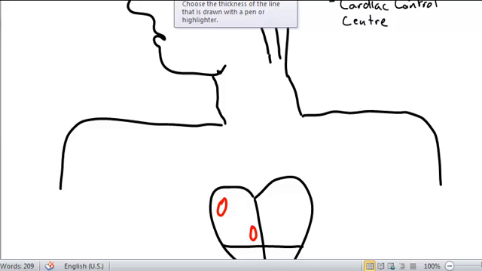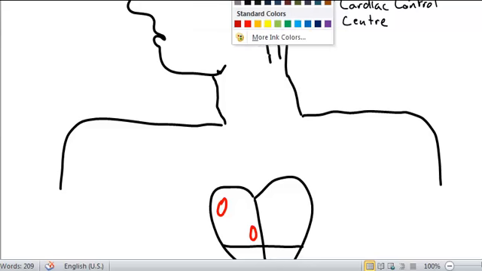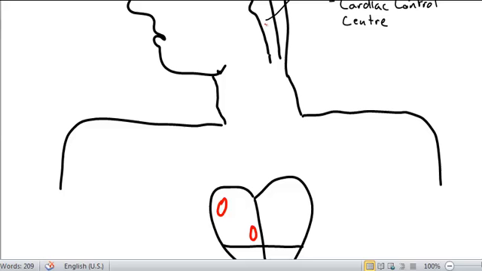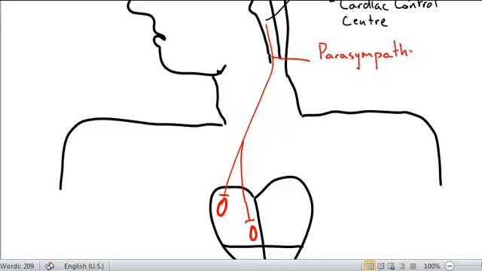And in the case of a parasympathetic signal, we send a signal down to each node. Okay? So in a parasympathetic response, is our heart rate increased or decreased? Are we under stress or are we relaxing? If you said relaxing and decreased heart rate, you are correct.